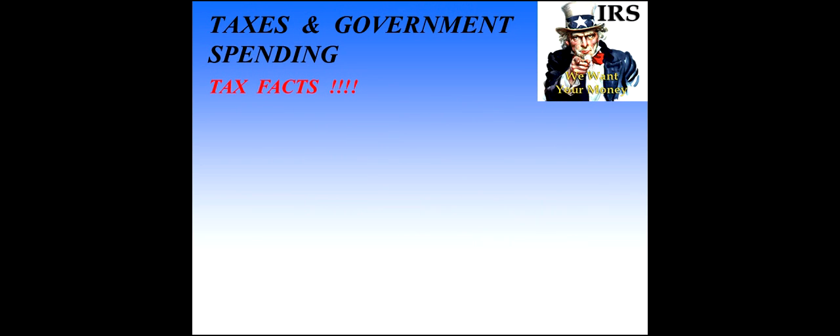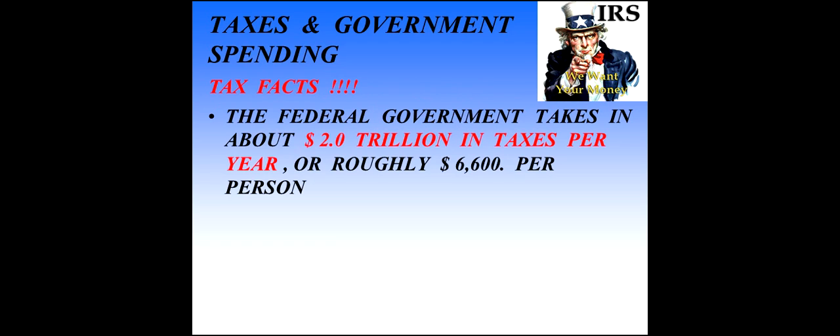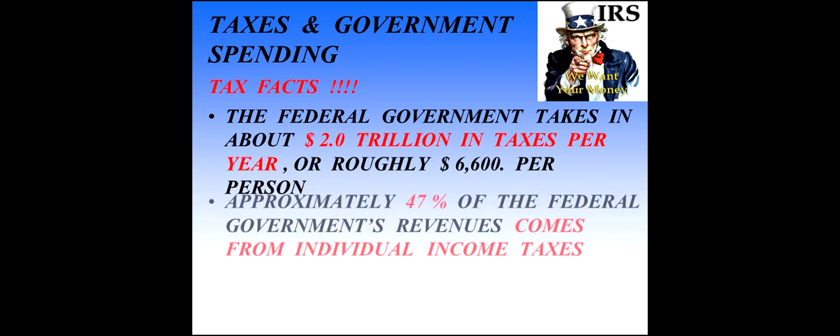So here's a couple of tax facts that I think you'll find interesting, and it will also help set up our conversation here on what the government does with the tax money it brings in from a spending standpoint. First thing you should know is that the federal government takes in roughly $2 trillion in taxes per year, and that breaks out to approximately $6,600 per person.